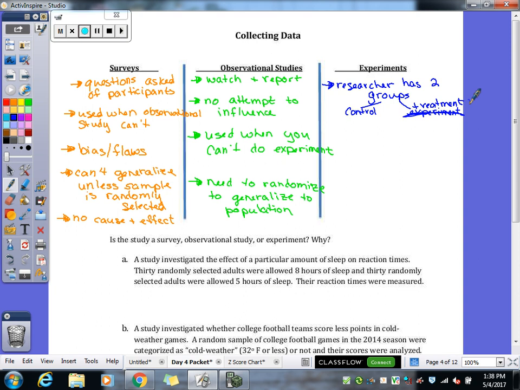So a problem with an experiment is they're not always ethical. So you got to be careful with those. As a result of an experiment, though, you can claim cause and effect. This is actually the only one that you can claim cause and effect after. Observational studies and surveys, you cannot.